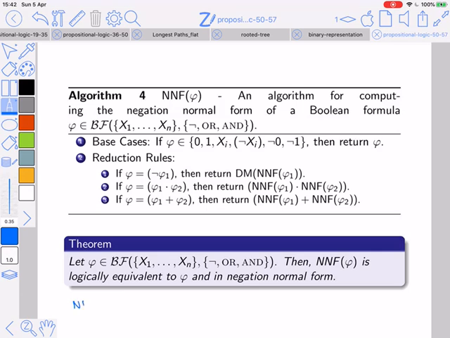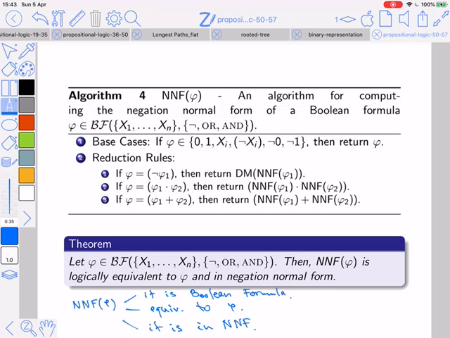The first thing, it is a Boolean formula. The second thing, it is logically equivalent to phi. And the third thing we claim, it is in negation normal form. 3 claims.